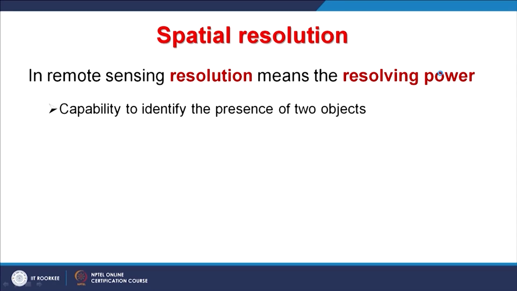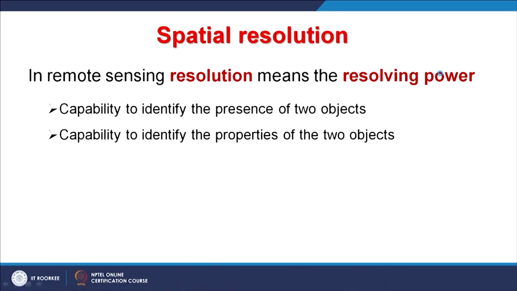If the resolution is relatively poor, then those two adjacent objects may not be distinguishable. The condition also is that these two adjacent cells or pixels should have very distinct properties. Then it becomes much easier to identify two adjacent objects.